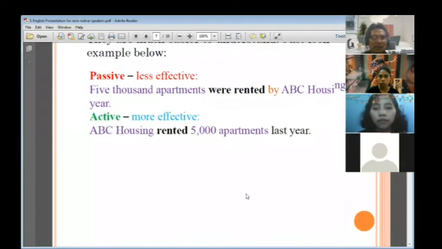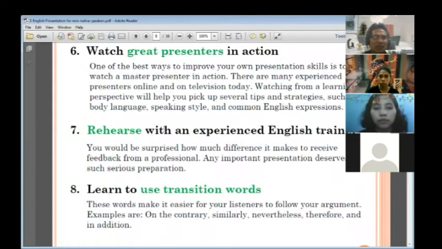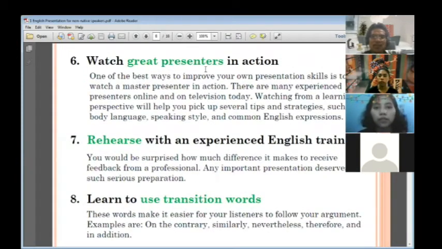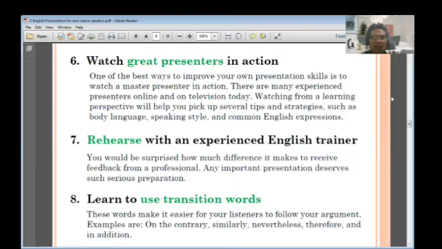What about number 6, the 2? Watch great presenters in action. Nah, ini yang berikutnya. Well, what is meant by this is that you are supposed to arrange your time to be able to watch great presenters. Usually when learning English, especially for public speaking, you do some activities like watching YouTube channels, for example.